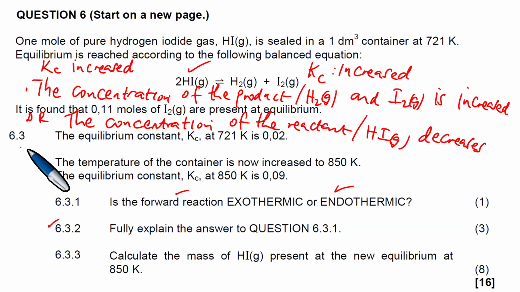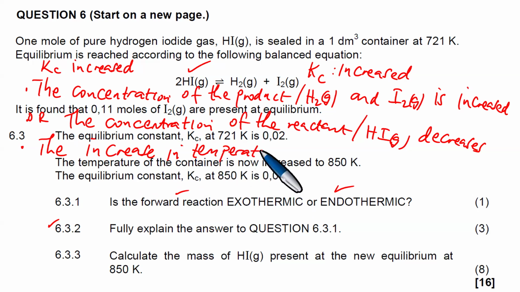So we note that the increase in temperature, because the temperature increases from 721 Kelvin to 850 Kelvin, favors the forward reaction.